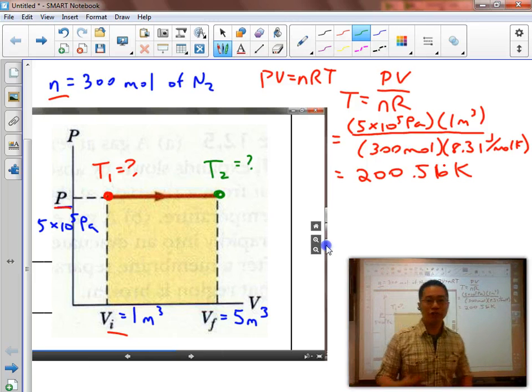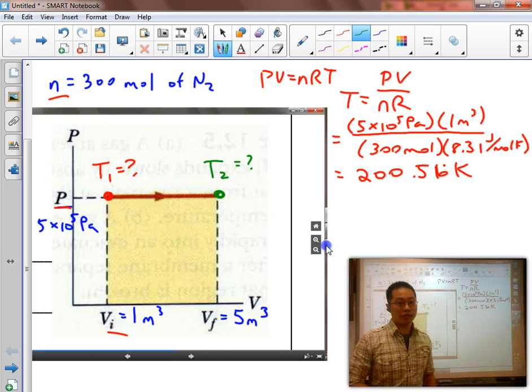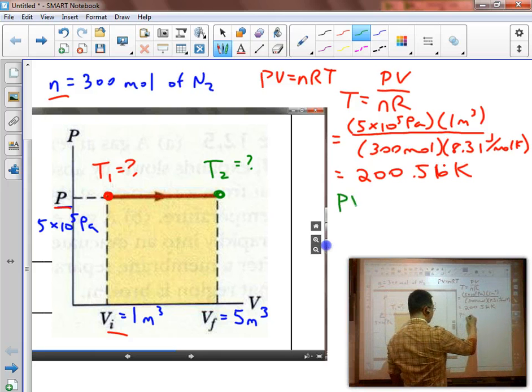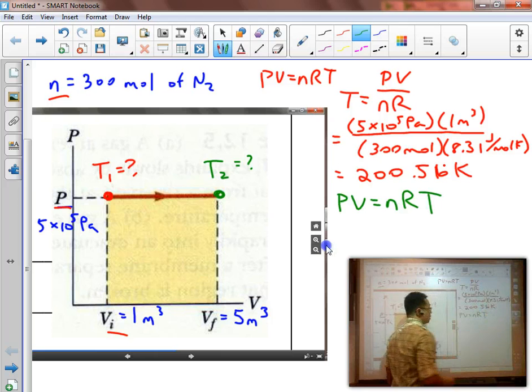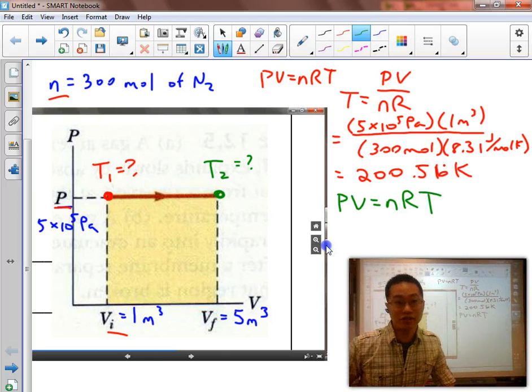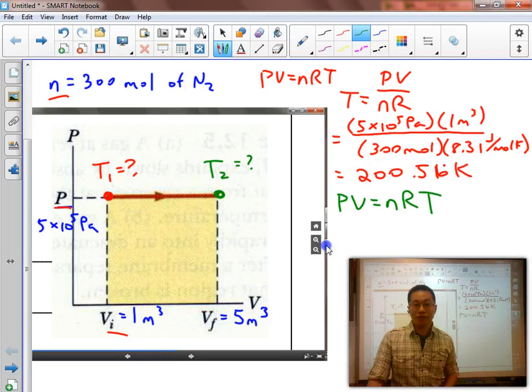Well, there are a couple different ways we could go about solving the temperature at the second location. We could redo PV equals nRT all over again and plug in all the numbers and get an answer. But there's an easier way to do it.